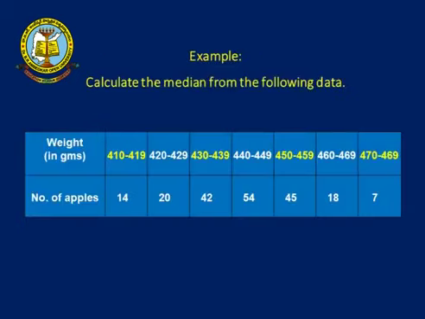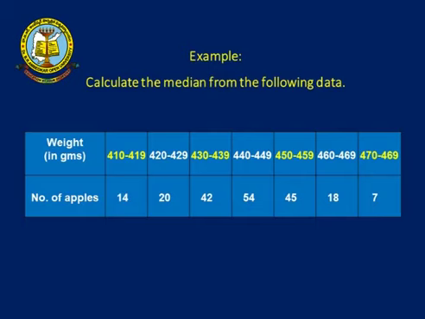Okay, next example. This is an example of an inclusive continuous frequency distribution. Why? Because here 410 is included and 419 is also included. Next class interval, 420 to 429: 420 is included, 429 is included.